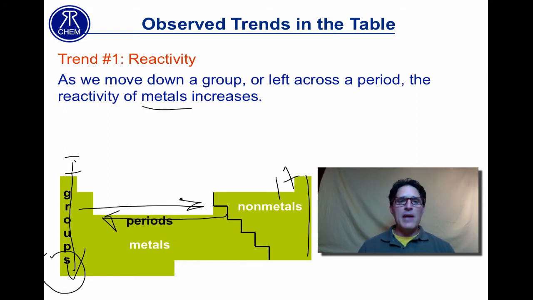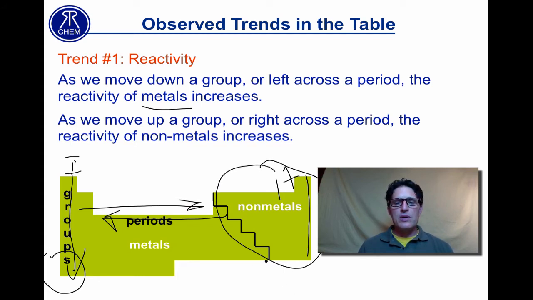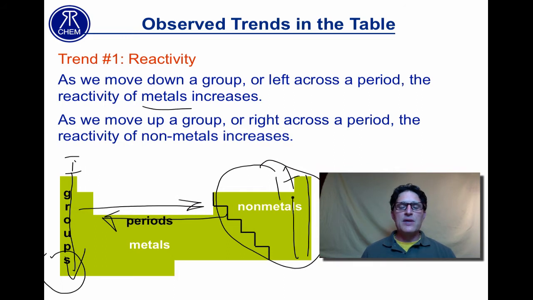Now with non-metals, this changes. So with non-metals, we're looking specifically at this part of the periodic table. With non-metals, as you move up a group or across a period, the reactivity increases across a period left to right.